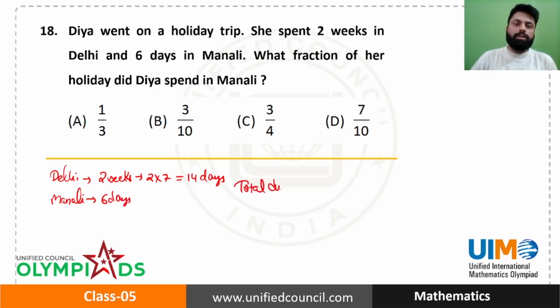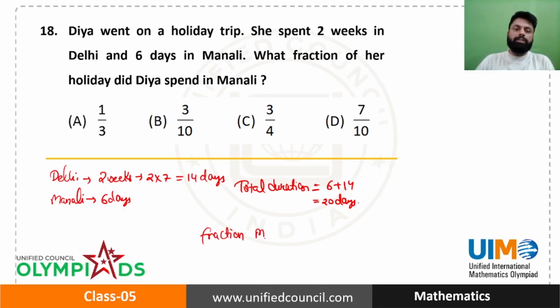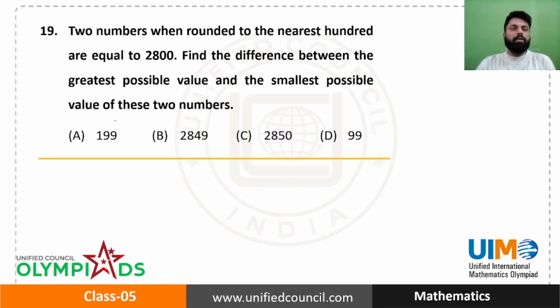So total duration is equal to 6 plus 14, that is 20 days. What fraction of her holiday did Dia spend in Manali? So fraction in Manali is equal to number of days divided by total, that is equal to 3 upon 10. 6 upon 20 is 3 upon 10. B option.